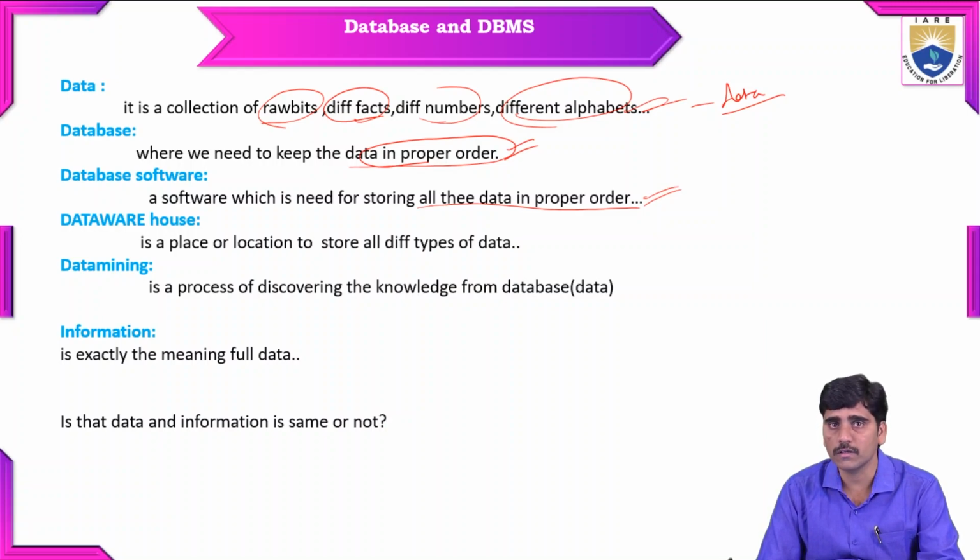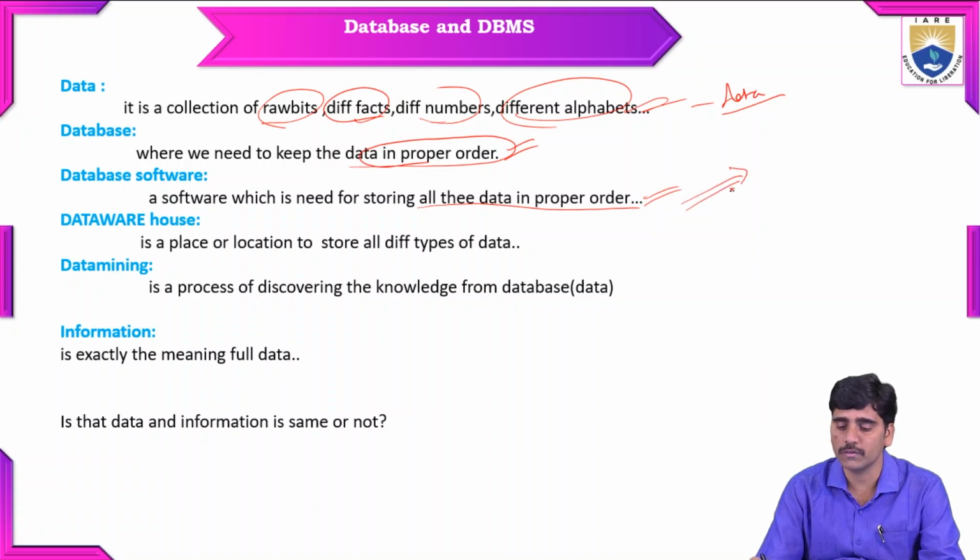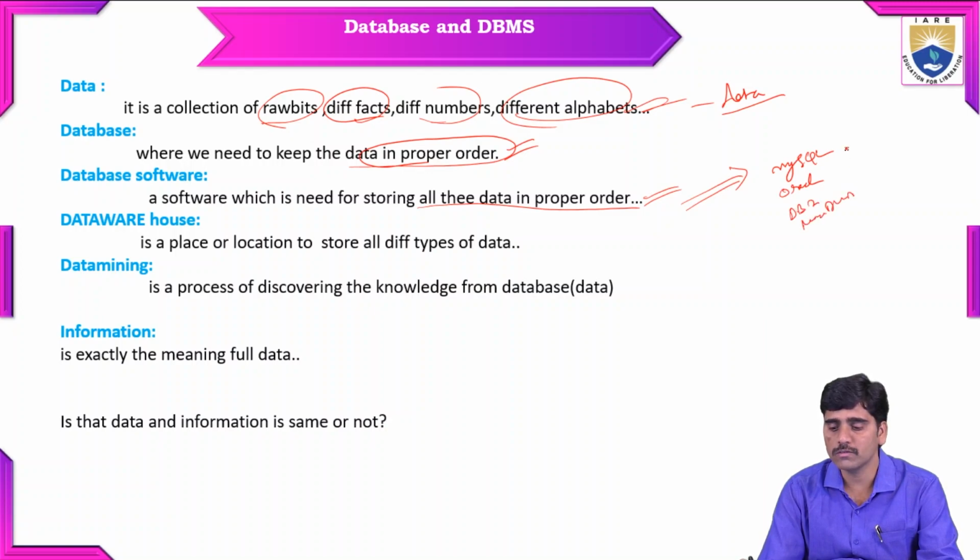That software is called database software. There are different types of database software, for example MySQL, Oracle, DB2, MongoDB. These are all database software that manage the data: processing, organizing, and managing all the things.